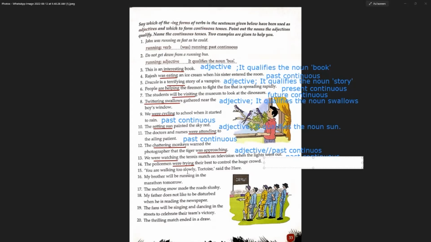Were belongs to past continuous, present continuous, or future continuous? Methuni, were trying, is that future continuous?